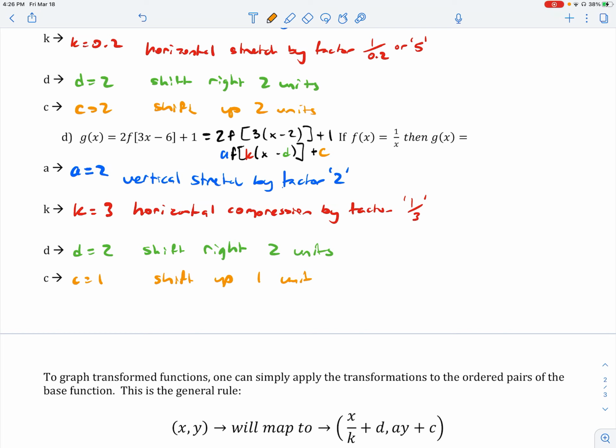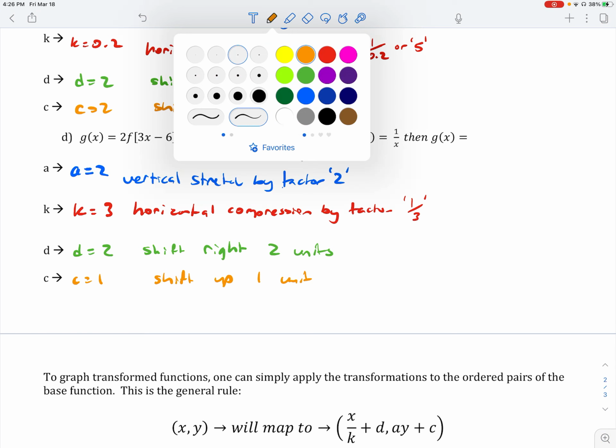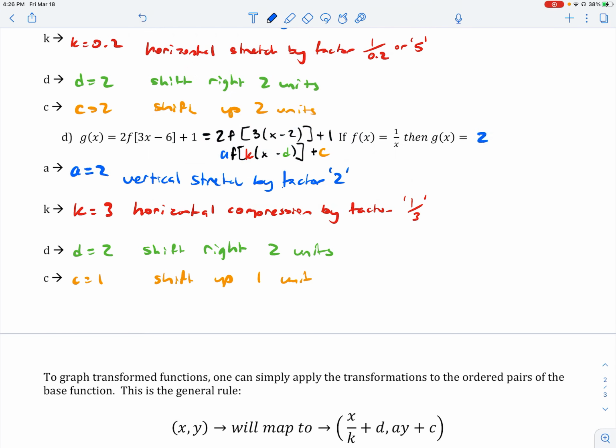Okay, now my equation. So I want to get the equation for g of x. So I can see what I have to do to f of x. This is my base here. I got to do all these things to it. So what I'm first going to do is I see that I have to multiply by 2 first by f. So I'm going to write 2.